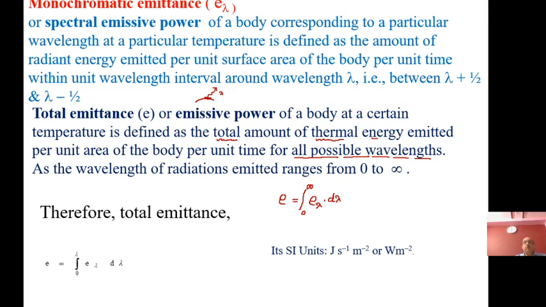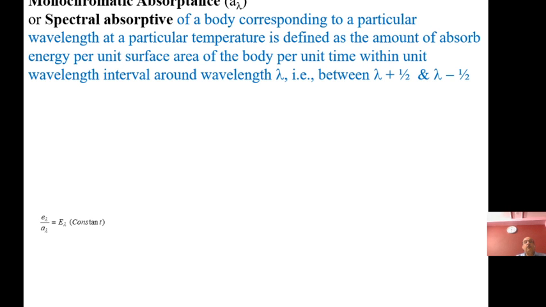And the unit of emittance is watt per meter square or joule per second per meter square. Next point is monochromatic absorptance, because a black body may also absorb the radiation.